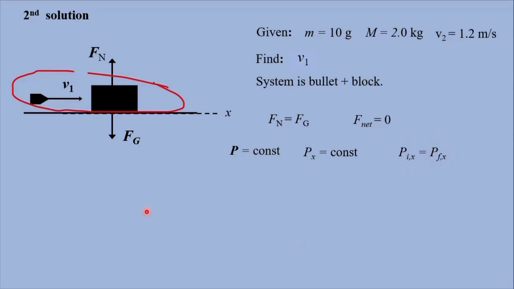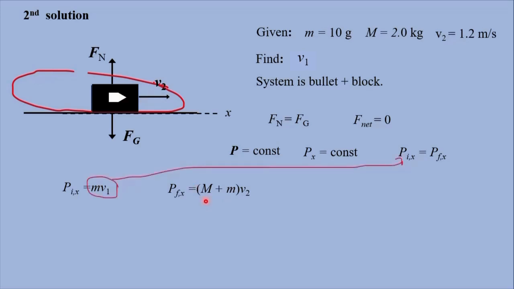Then he wrote the equation for initial linear momentum. It is just the product of the mass of the bullet times the speed of the bullet. Then for the final state, the linear momentum x component is given by this equation, where capital M plus m is the total mass of the system.